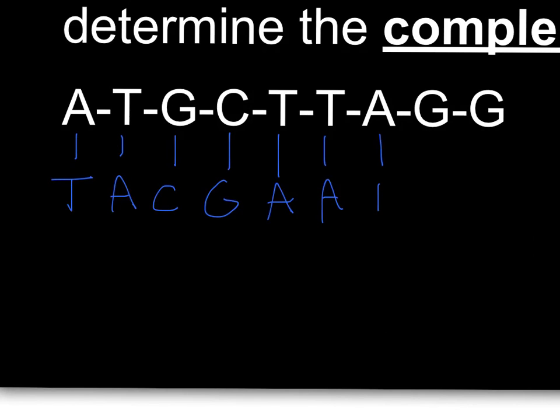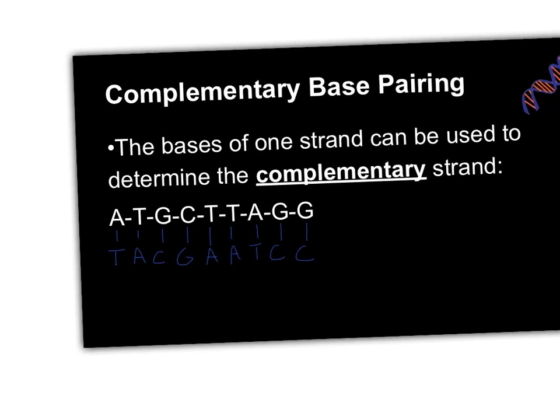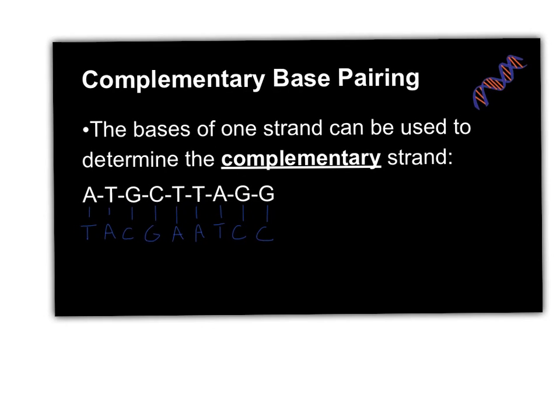As we said, A is always going to pair with T, T with A, G is going to be with C, C with G, A, T, C, C. That is complementary base pairing. One nitrogen base will always be paired with another specific nitrogen base.